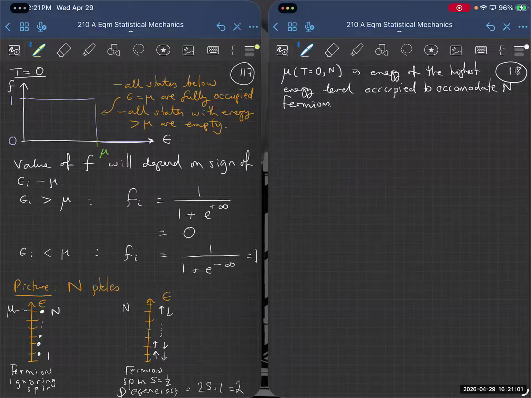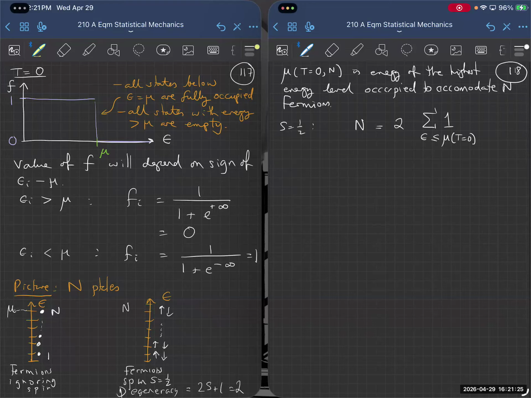And in the case of spin 1/2, which is the one that we will usually be interested in, we can say that N is equal to 2 times the sum over energies epsilon less than the chemical potential at T equals 0, and I just sum up 1.